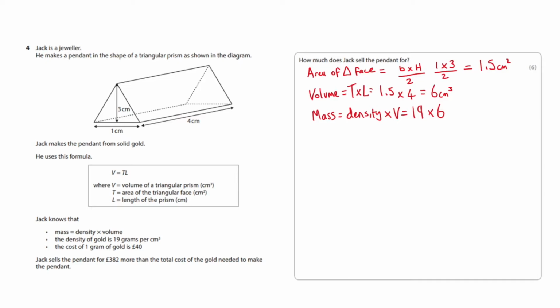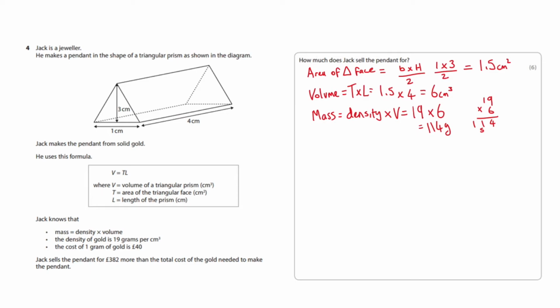So this is going to be 19 times 6. 6 times 9 is 54. 1 times 6 is 6, plus the 5 gives you 11. So it equals 114 grams.